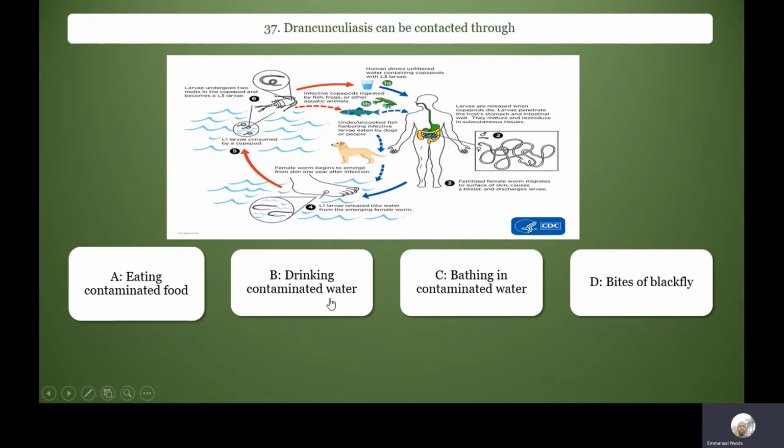The female worm will then move to your limbs, especially the leg, where it will penetrate through the skin, forming very painful blisters. So we get it by drinking water contaminated with water fleas. The larva of the guinea worm is normally found in the water fleas.